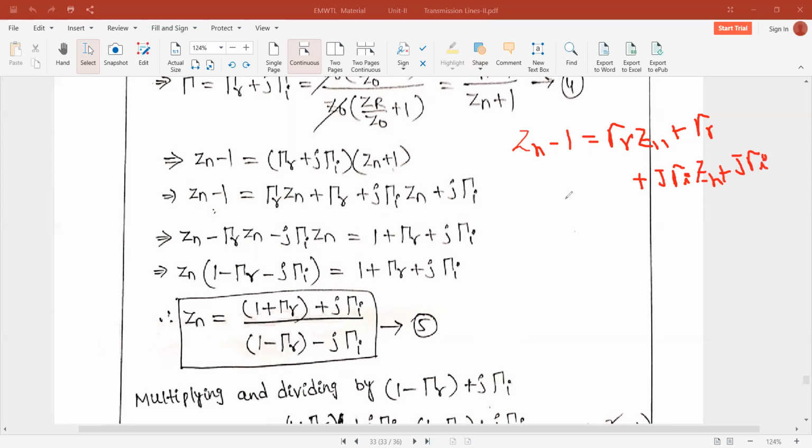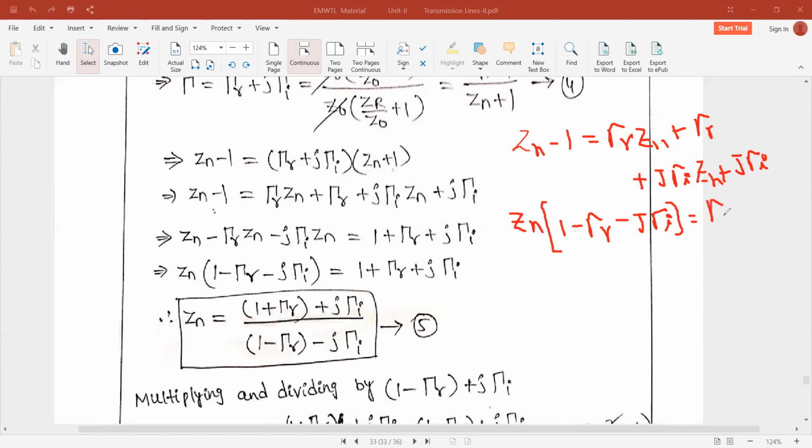Bring all the Zn terms to the left hand side. Zn you can take as common. You get this on the left side: gamma r minus, and here the Zn coefficient is j into gamma I, is equal to, what is the remaining part here?